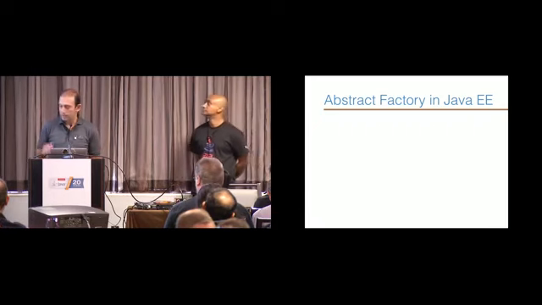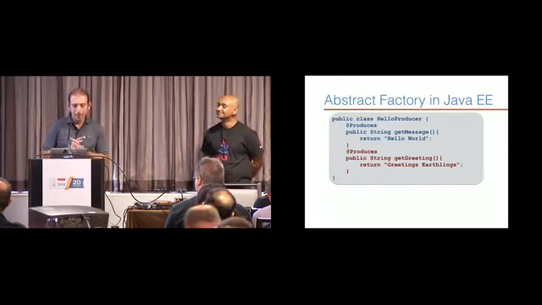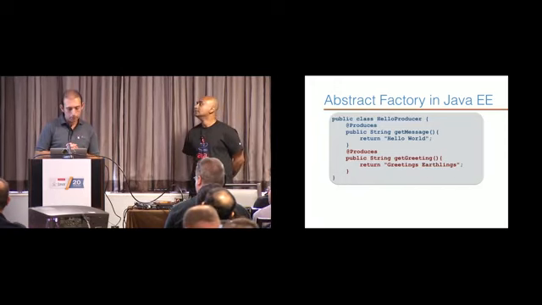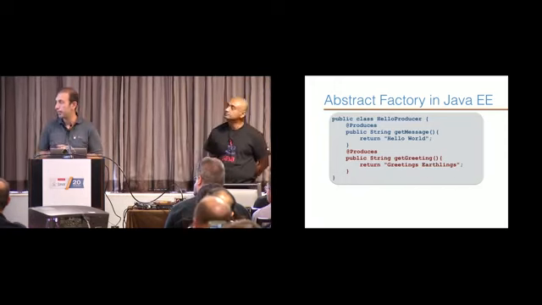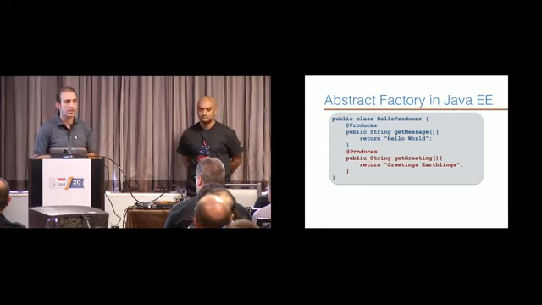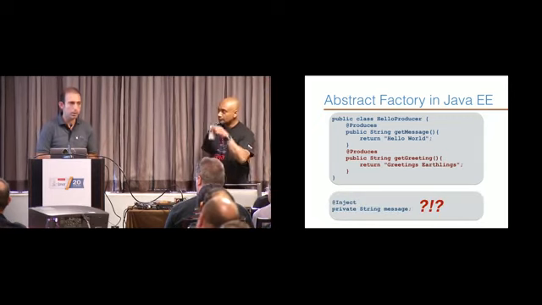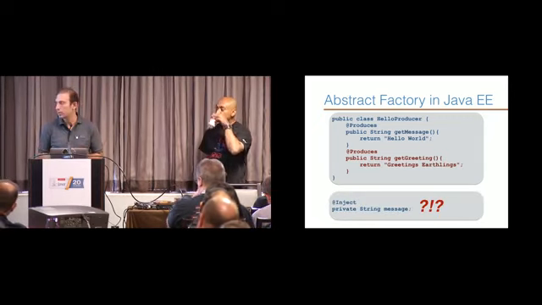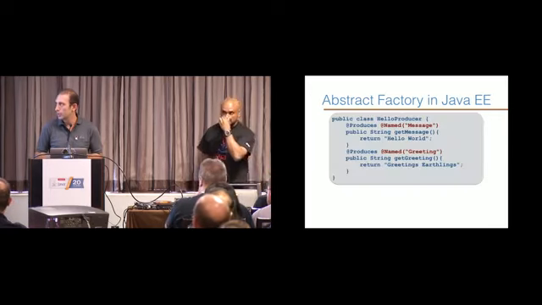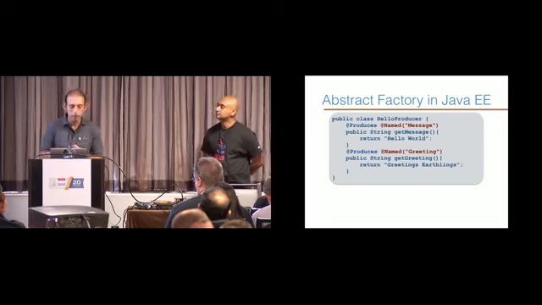I don't know why these empty slides are showing up, but what about the ambiguity? If we have two different instances of the same type of object, then we end up with ambiguity of the type system. In that case, we use qualifiers to solve the ambiguity.